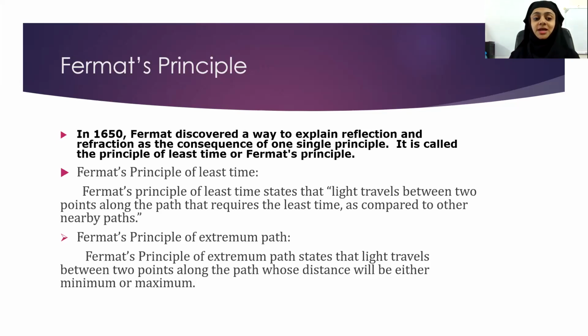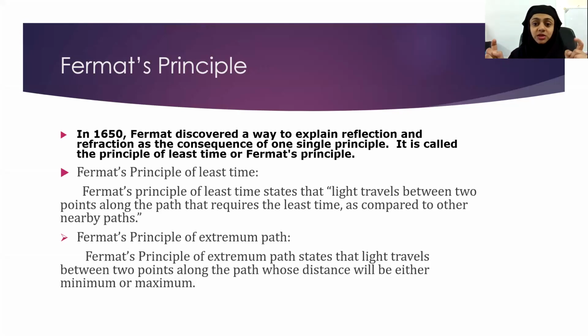So mathematically we can show by Fermat's principle, the light travels between two points along the path that requires the least time by showing dt by dx is equal to 0. dt by dx is equal to 0 means it is taking a constant time to travel that distance.